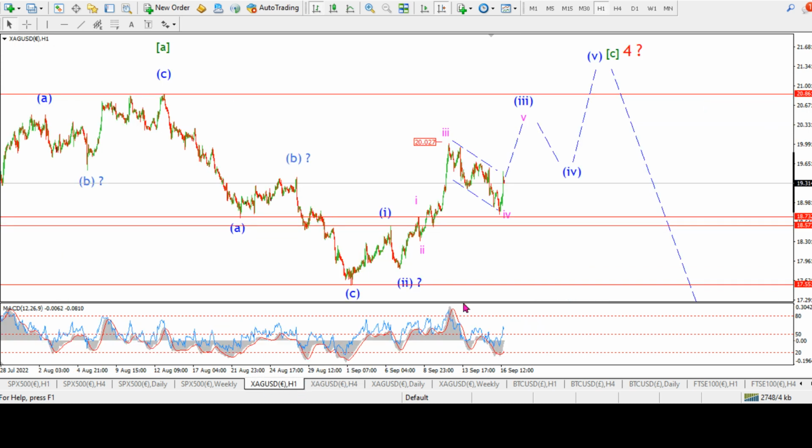Obviously, there's an alternate count here that could call the recent low the final low, and now we're building a 5-wave pattern to the upside. Just kind of hold out on that next week and allow for more downside than upside for the moment, I think, until we get to a confirmation point.